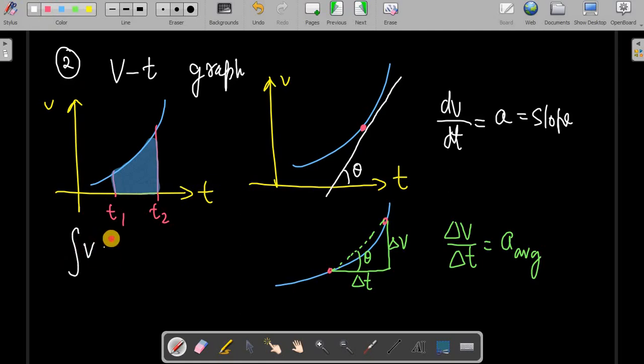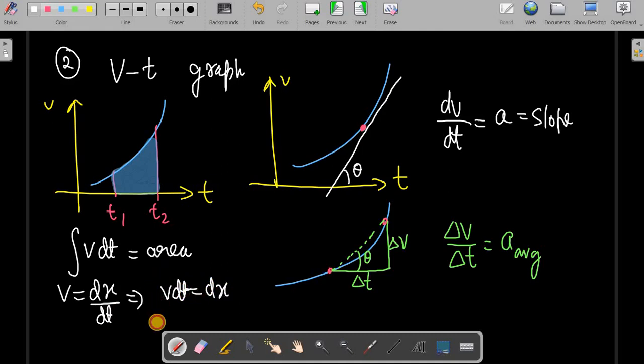This is v dt. And how do we come to this v dt? v is equal to dx by dt, so v dt will become dx, right? And when you integrate this dx, the integration is delta x. Now that is the area under the graph. Delta x is the area, right?